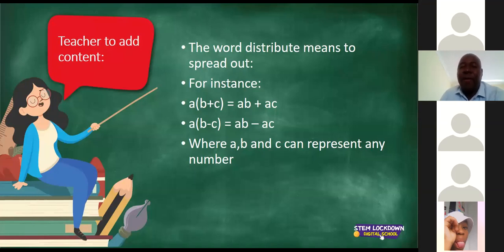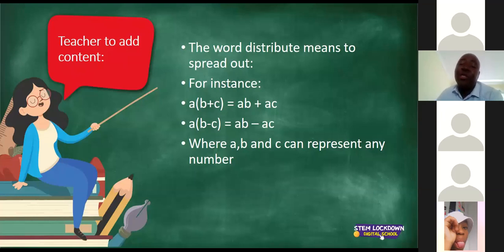And of course, this is what distribution is all about, because you are spreading out your variables. Initially, you had just one term, if you remember, a monomial. A monomial means you only have one term. You had one term which was A into B plus C. And now you have got two terms, and those two terms are AB and AC.